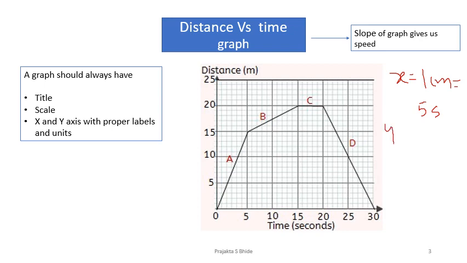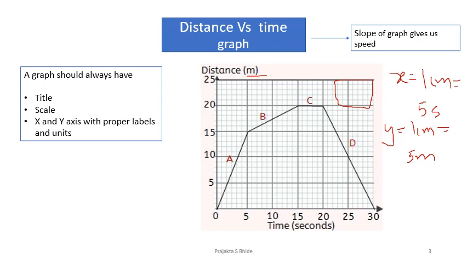What will be on the y-axis? 1 centimeter again is equal to how much? 5 meters. See this? 5 meters. This scale has to be there on every graph on the top right hand corner. This is where you should be putting in the scale. If you are drawing a graph without scale, that's incorrect.